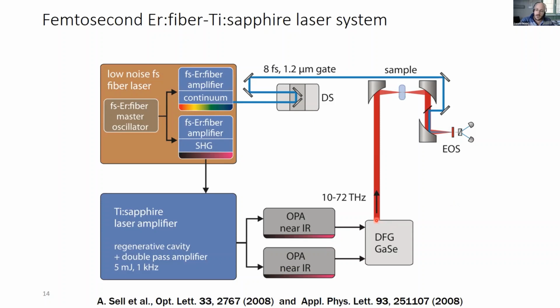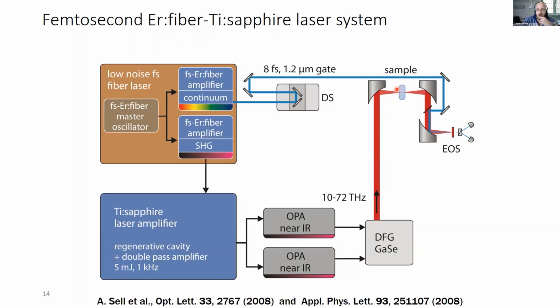And then in parallel, with these 2, you tune them in order to define the perfect difference frequency generation that provides you the broadest frequency range at the frequency at which you want to operate. And then you do this difference frequency generation in the nonlinear material, that in our case is gallium selenide here. And then you can do spectroscopy.